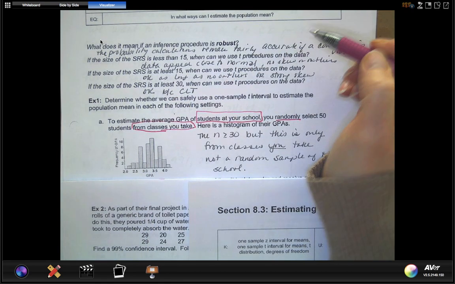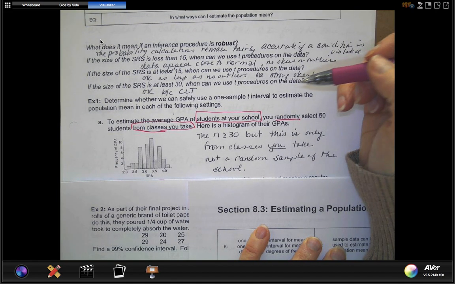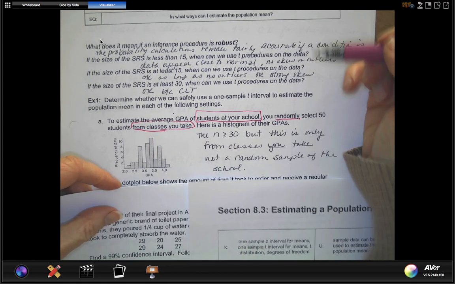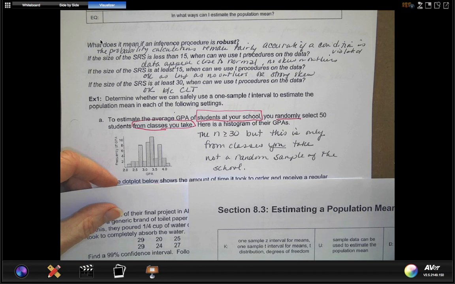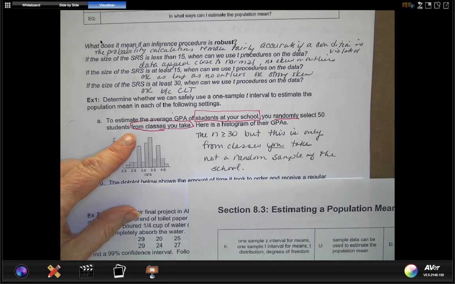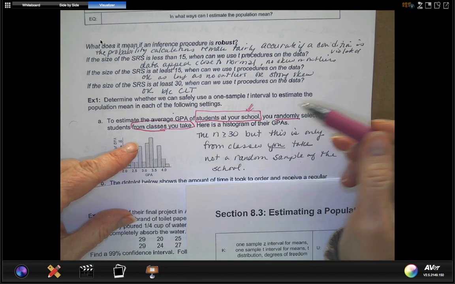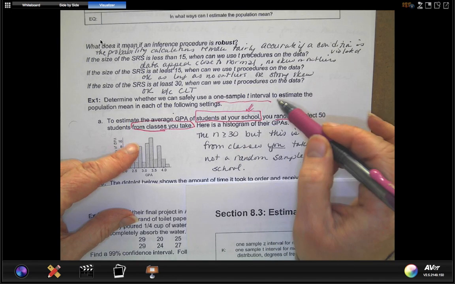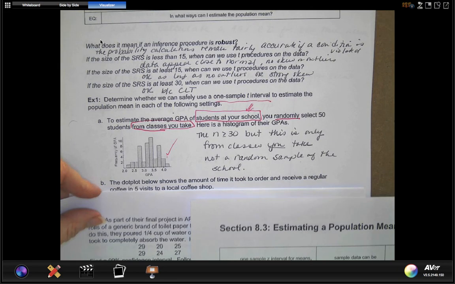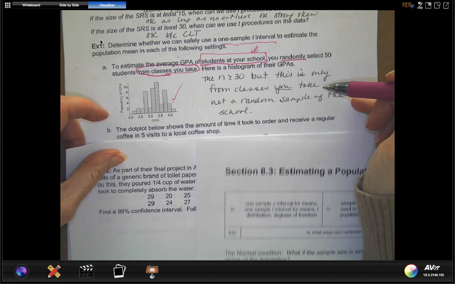If you're taking a bunch of AP or accelerated classes, and you try to estimate the average GPA from just that group of kids, you're clearly not going to get a very representative sample. It's a sample of just the kids that you are in class with, and it's not going to achieve your goal here. That's why I would not use a one sample t interval. So the normal check is fine. It's the other check, it's not a representative sample. And I rarely give you a problem where this is an issue.